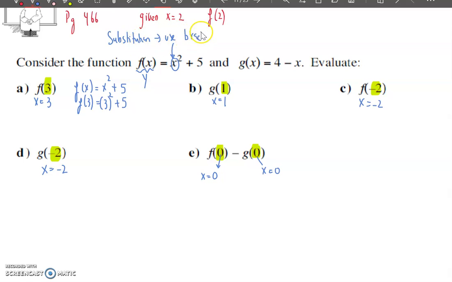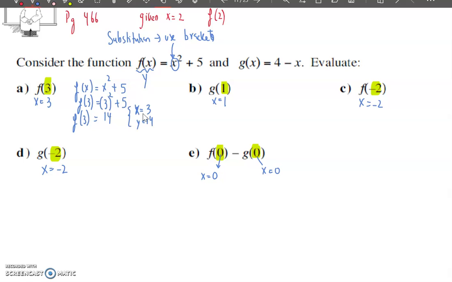I've said that in class as well. So you want to use brackets whenever substituting a value. So here, when you do this, it becomes 9 plus 5, and then 9 plus 5 is 14. So the function at 3 is 14, which really just means when x is 3, y is 14. So you can think about it that way.